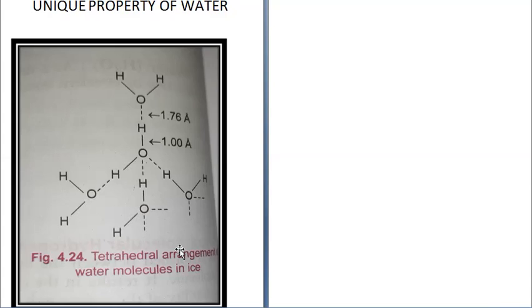On further rise in temperature, the kinetic energy of molecules increases and they begin to separate. This causes expansion, which is more than contraction. Therefore, above 4 degrees Celsius, the density of water again starts decreasing. So the maximum density of water is at 4 degrees Celsius.